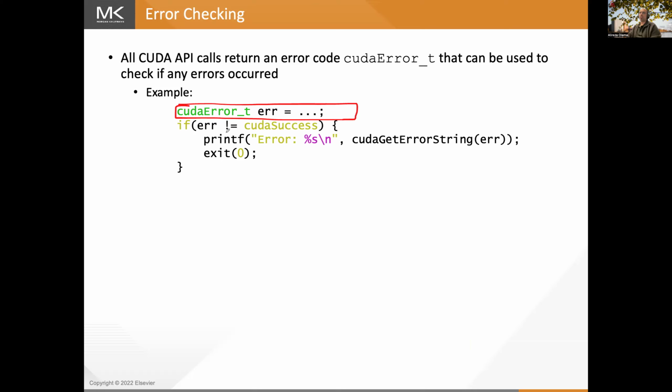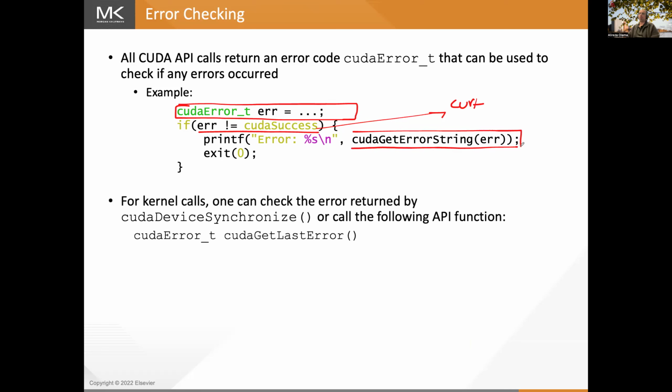And then you check with this cudaSuccess, which is also available in the CUDA runtime header, cuda_runtime.h. And then you can get the string version of the error using this cudaGetErrorString. So typically, this is how you check for errors when you call any API functions from the CUDA runtime library, right?